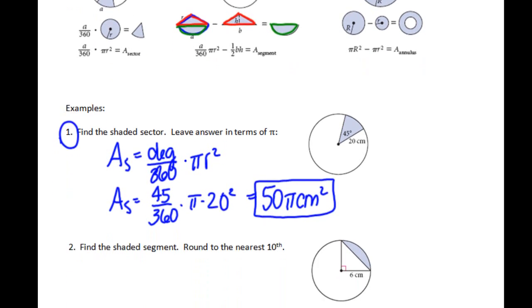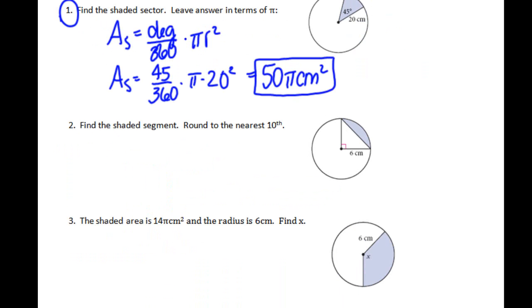So if I go down to example number 2, what I want to do is find the area of the sector minus the area of the triangle, and that's the area of the segment.